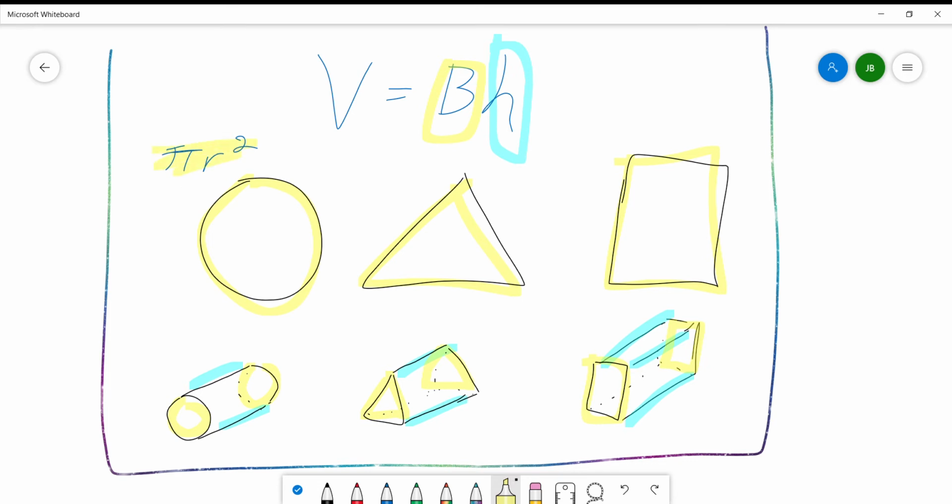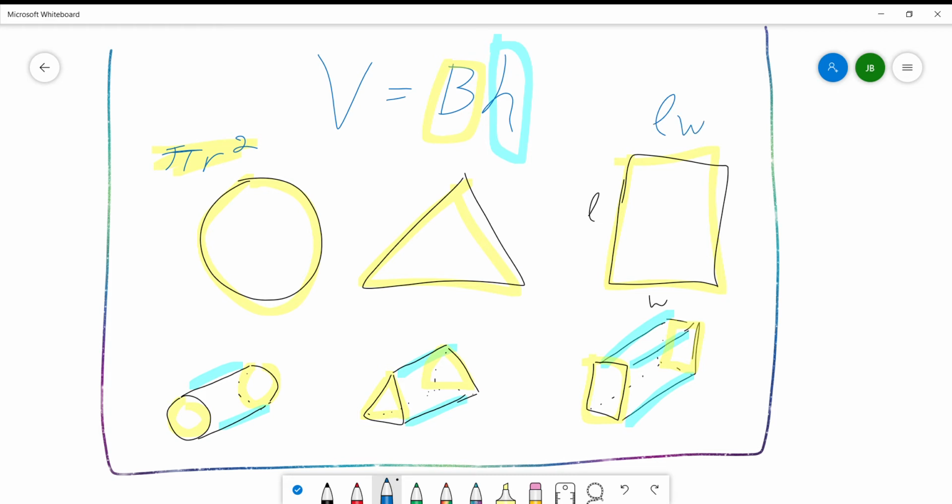There we go. The B for the triangle, these are two-dimensional shapes. This should be review. Actually, let me do the rectangle first. So length and width. So this B equals length times width. You just multiply the two dimensions, right?